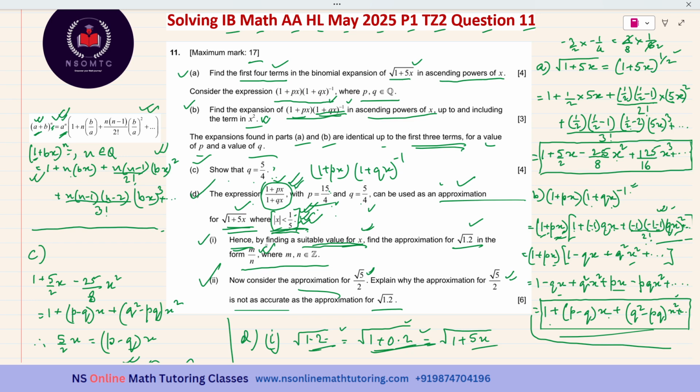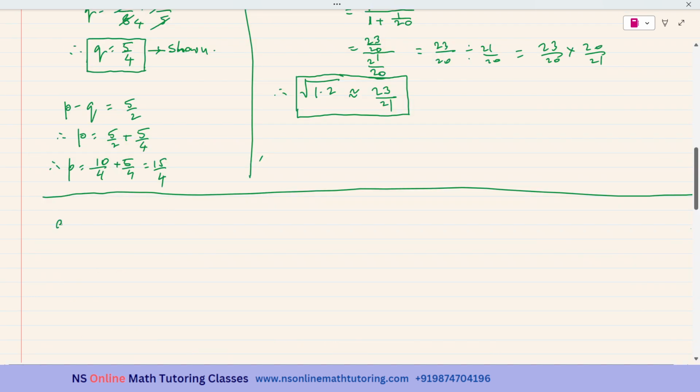Okay, so let's see. The number is root 5 over 2. The condition given is that the absolute value of x should be less than 1 over 5, and the expression that we were using was square root of 1 plus 5x. We have to find the value of x and check whether this condition is satisfied or not.